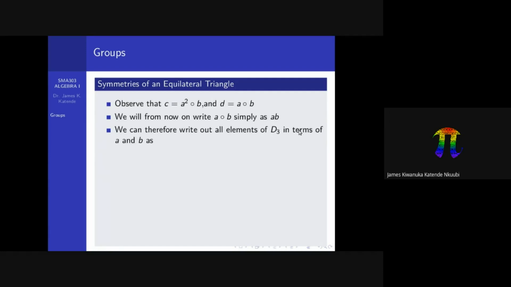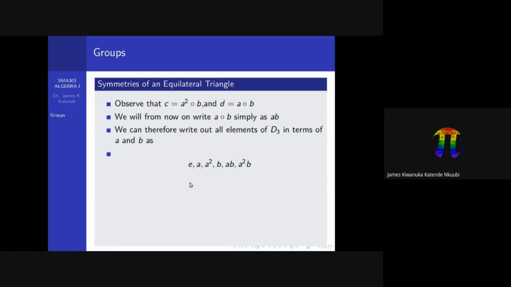So with these two ideas in mind, we can now write all the elements in the dihedral group as follows. We have E, A, and A squared. A squared is just a composition of A with itself. Then we have B, AB, which is the same as D, and A squared B, which is the same as C. So we can write all the elements of D3 in that form.